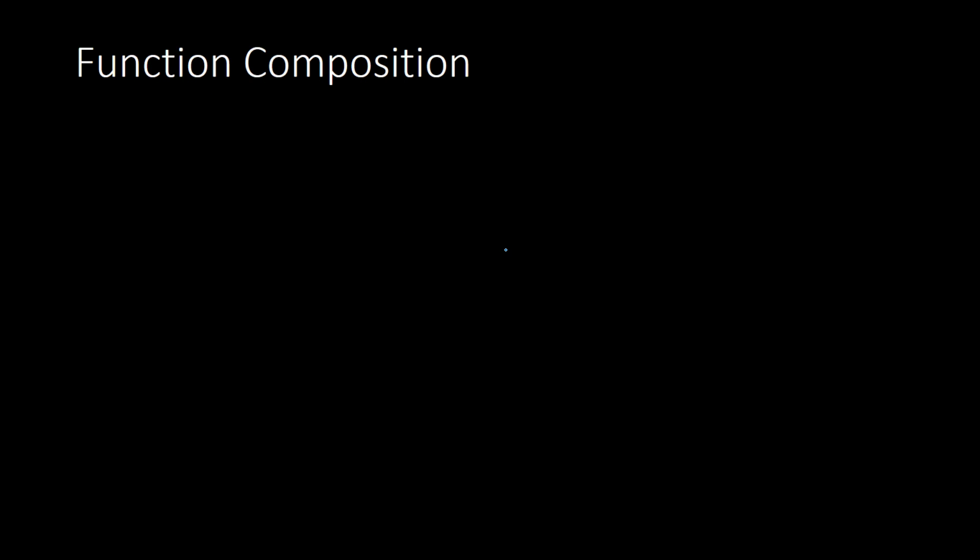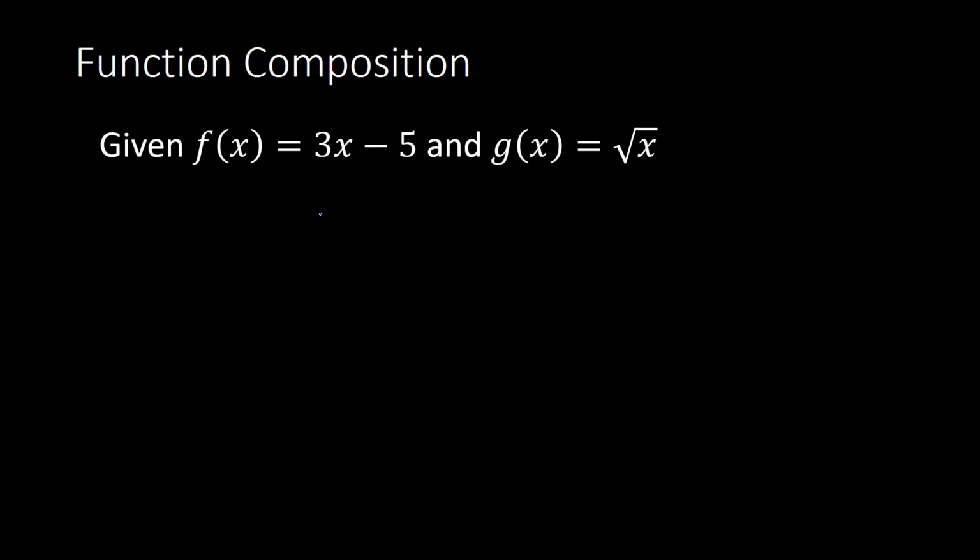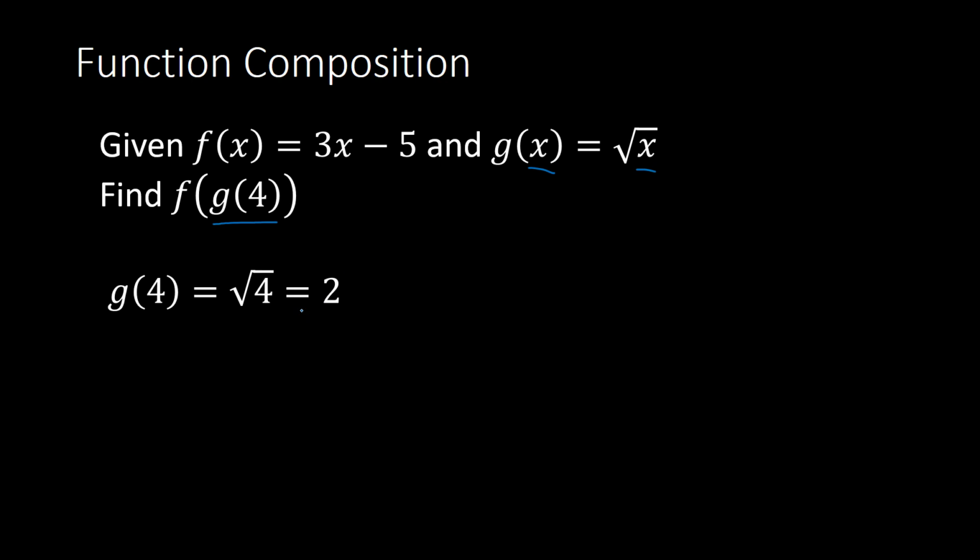And then you can combine those functions into something else. Maybe we have f of g of 4. So what we do with the composition of functions is we start on the innermost function and find the g of 4. So to find g of 4, I look at the g function and put a 4 in for x. So now I have g of 4 equals the square root of 4, which would be 2.